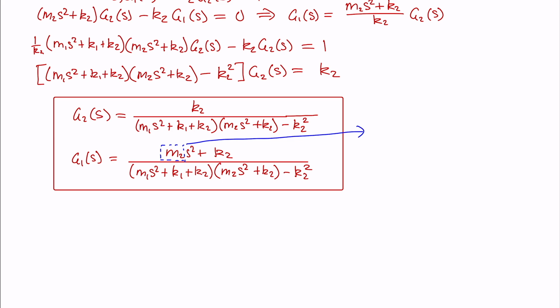Just as a note, if you compare this analysis to what we have in chapter 3, in that example we have an M1 there, but it's wrong.